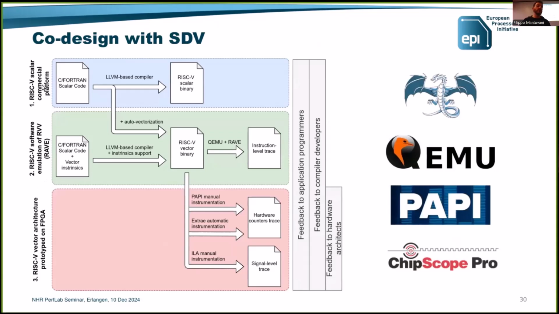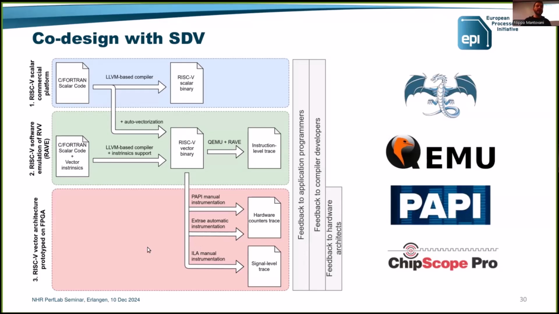So you come with your C or Fortran code. You compile it, you run it on the scalar. You see the blue path, okay? If you enable the auto-vectorization, your binary will have vector instructions in it, so you jump to the green part, and you can emulate it with QEMU and RAVE. The same binary can also run on the actual hardware of the project.